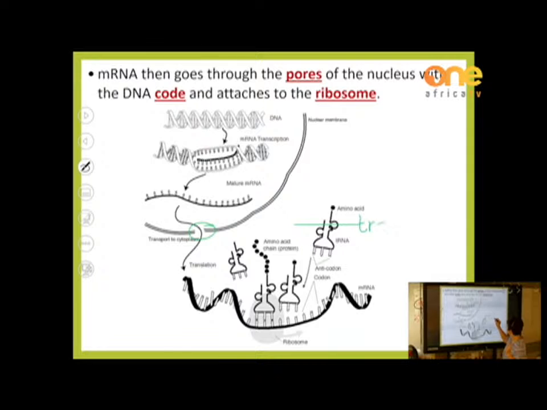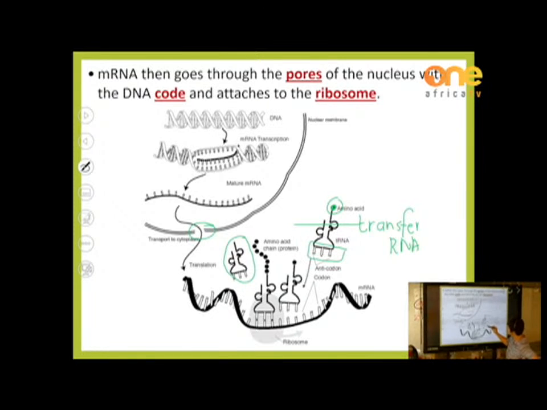In the ribosomes, there are transfer RNA. This is a tRNA or a transfer RNA. We see that attached to each transfer RNA is an amino acid. So this amino acid will only be attached to these specific 3 bases.